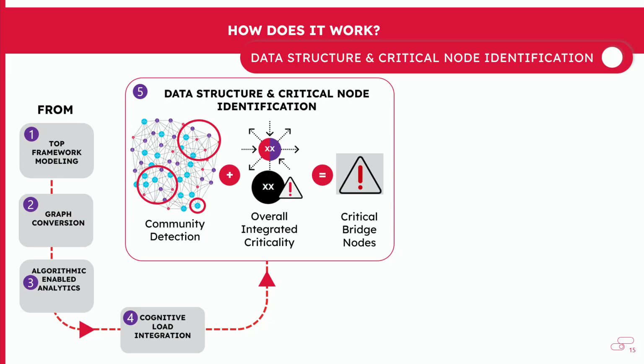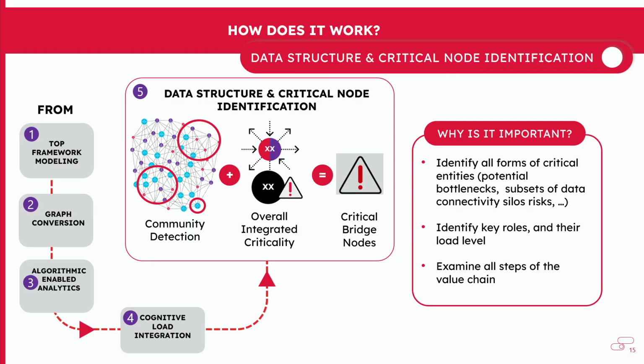What are these critical bridge nodes? They represent nodes that connect weak substructures: with community detection, a weak structure A and a weak structure B. A critical bridge node in the middle of them could be a highly potential bottleneck and represents a risk not only in performance but also in safety.